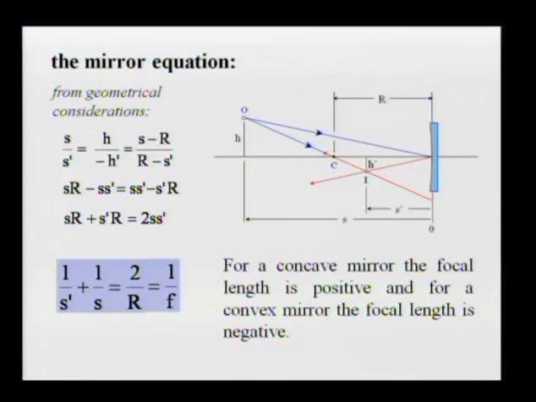If the mirror surface is convex, so that the center of curvature is on the other side than the object. And do you know where you use a convex mirror? Anybody saw a convex mirror today? Robert did. Where did you see it?